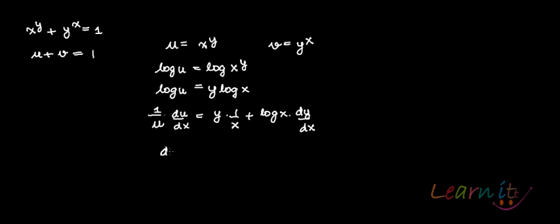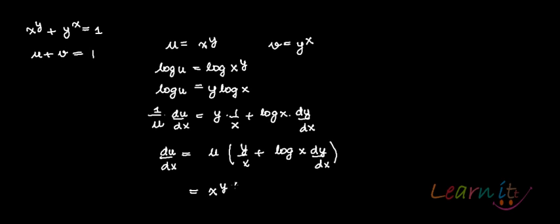So du by dx is equal to u into y by x plus log x dy by dx. In place of u, you can write x to the power y, so this is your du by dx.